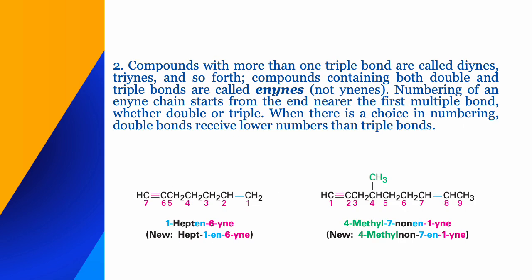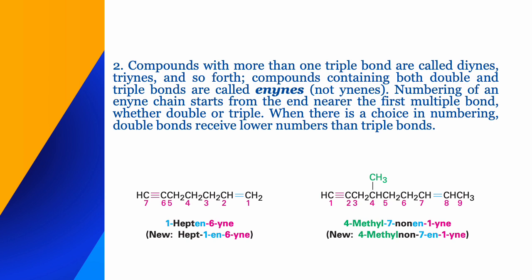For rule number 2, compounds with more than one double bond are called dienes, trienes, and so forth. So compounds containing both a double bond and a triple bond are called enynes. So it shall be called enynes because it contains the double bond.